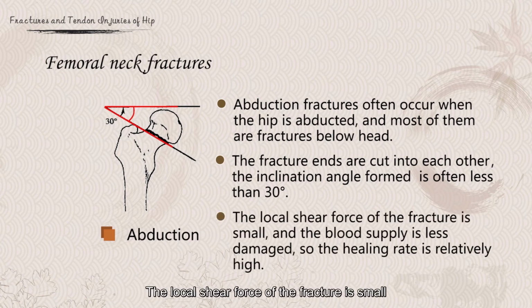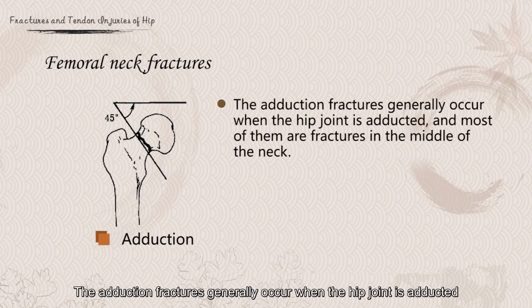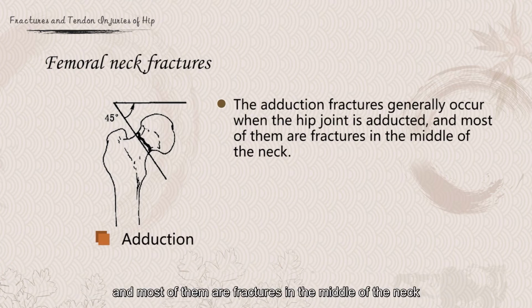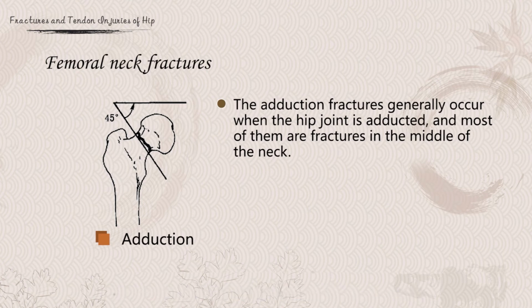The local shear force of the fracture is small, and the blood supply is less damaged, so the healing rate is relatively high. Adduction fractures generally occur when the hip joint is adducted, and most of them are fractures in the middle of the neck.